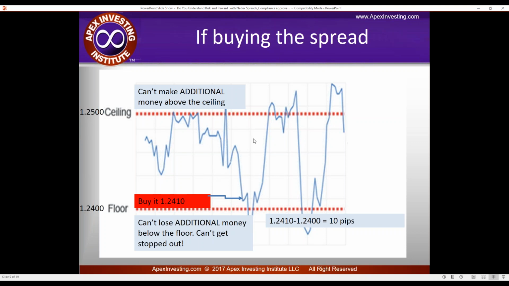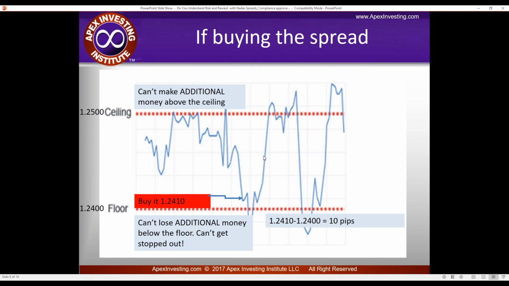So quick question. If I was to buy this particular spread, which has a floor of 2,400 and a ceiling of 2,500, and I bought into it right here at 2,450, what is my risk? If I buy at 2,450, the most it can go against me is down to the floor of 2,400. So how many points of risk do I have? 50.